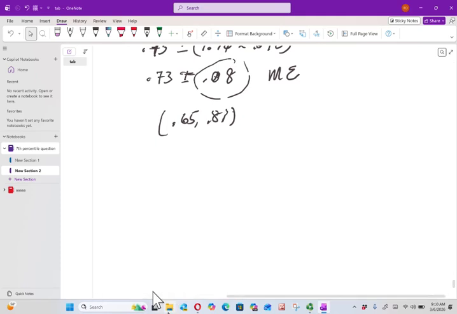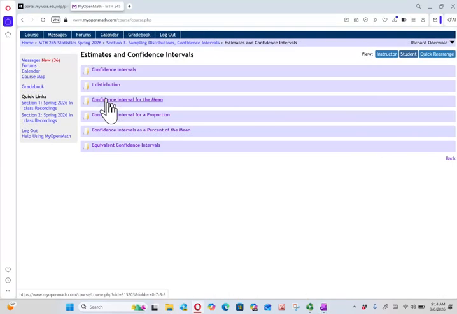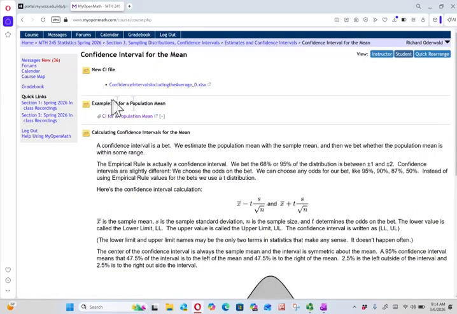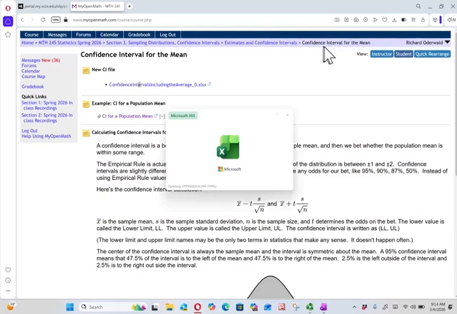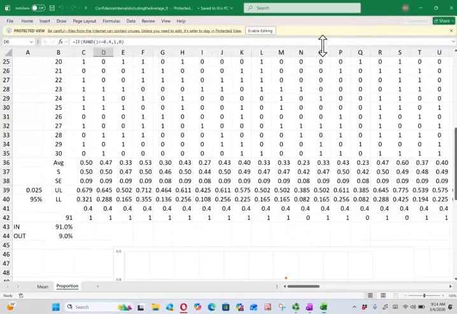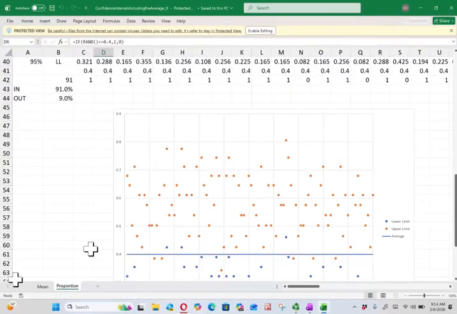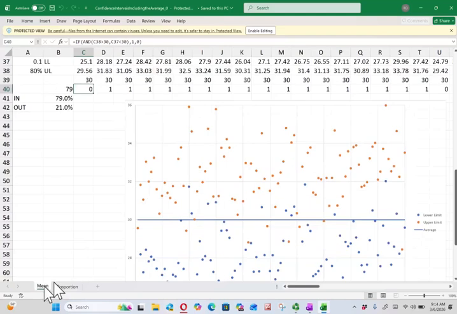If you look in My Open Math, in confidence intervals, estimates in confidence intervals, it's confidence intervals including average. We'll start with the page that says mean.